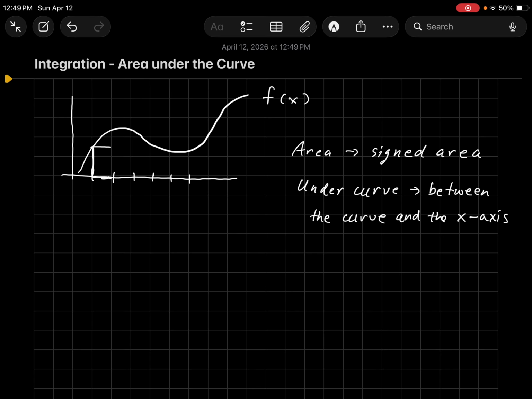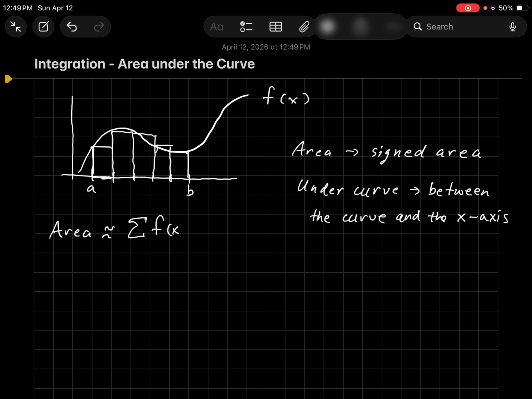That is, I'll get the height using the left side of the interval of my rectangle, and I'll draw a few representative Riemann sums. The area from, say, a to b was approximated by the sum of these rectangles, whose height was f of x and whose base or width was delta x.